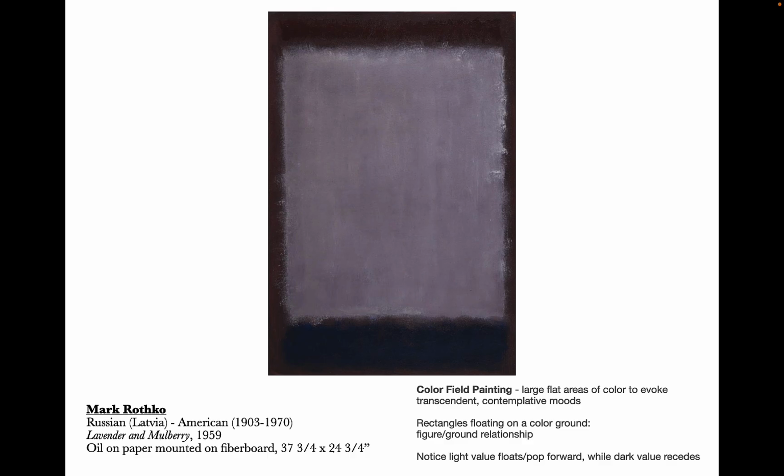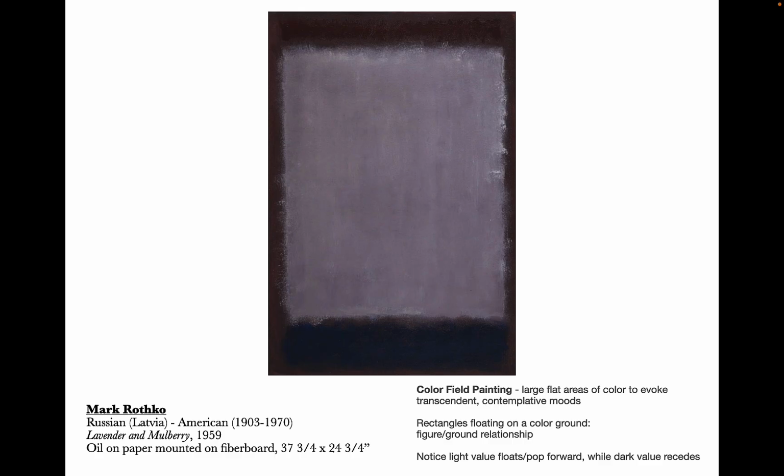Okay, you might have seen these paintings before by Mark Rothko. He was born in Latvia, which was part of Russia, I think, at the time he was born, and then he came to the US. And this is from 1959. So these were called color field paintings, where large flat areas of color are supposed to create a transcendent, contemplative mood.